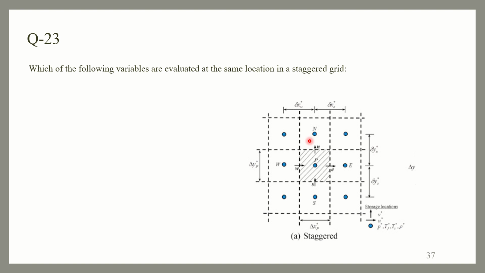So to get rid of the fluctuation in the final solution, we solve pressure at different points than the vectors.